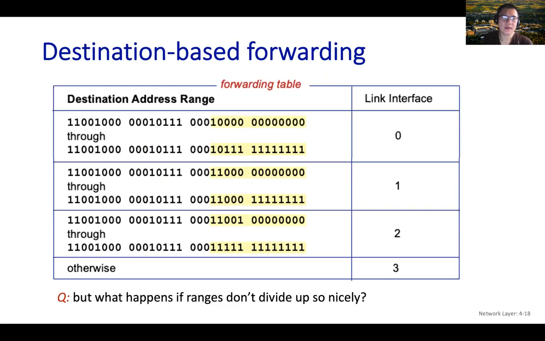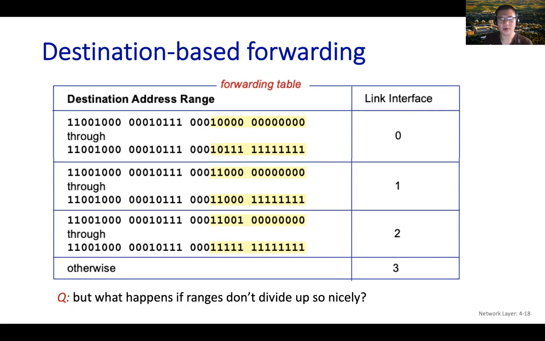Okay. Another important thing here is destination-based forwarding: how you use the table, the destination address range, to know which link interface you need to go to, right? Generally speaking, you allocate the address ranges very evenly, but this is not always what happens, okay?